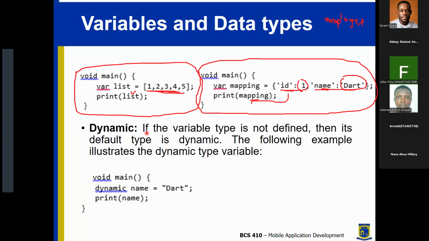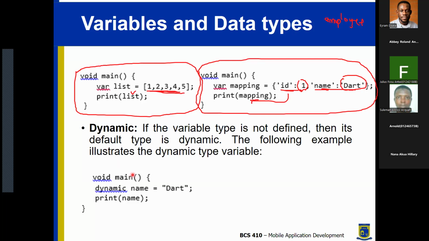Now, there's also dynamic. That is to say that if the variable type is not defined, then the type is said to be dynamic. How does dynamic work?